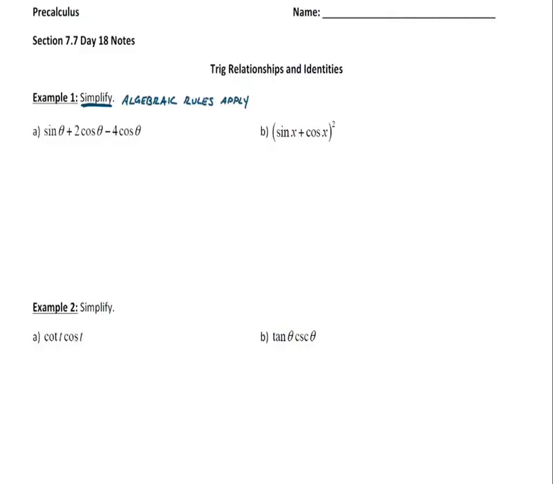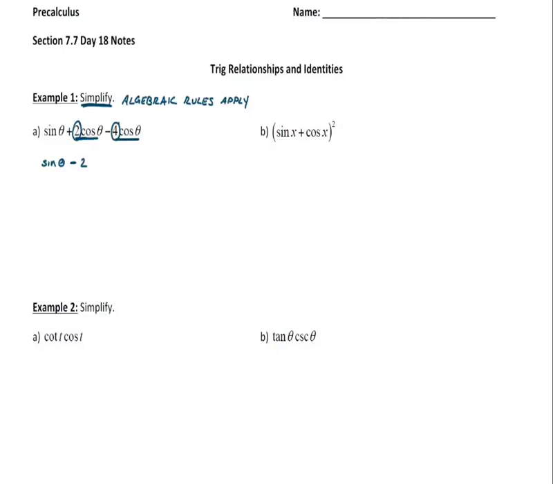So if you look at example A, I kind of already talked about it, some combining like terms, but what you should see there is if I have sine of theta plus 2 cosine of theta minus 4 cosine of theta, 2 cosine of theta and 4 cosine of theta are like terms. So if I want to simplify, I want to combine like terms, I would literally just subtract the coefficients there. So what I would get is sine of theta would stay by itself since there is no other like term that can be added or subtracted to it.